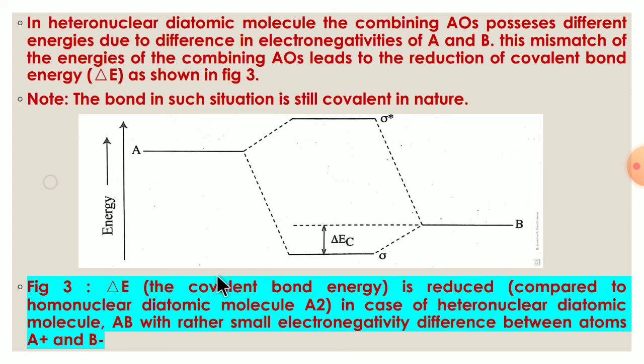So figure 3 indicates the covalent bond energy is reduced compared to the homonuclear diatomic molecule A2. This is the case of heteronuclear diatomic molecule AB with a rather small electronegativity difference between the atoms A plus and B minus.